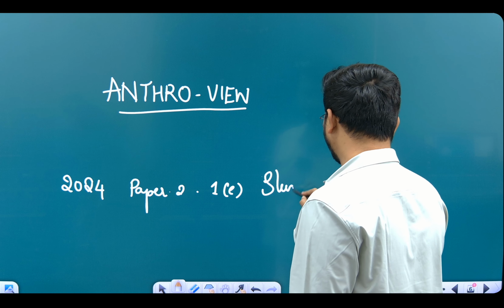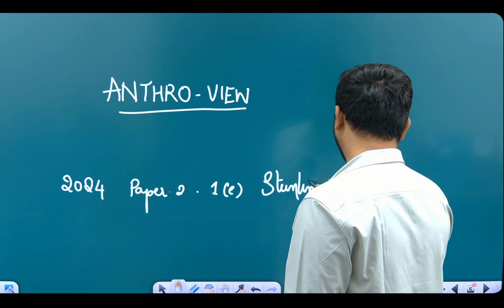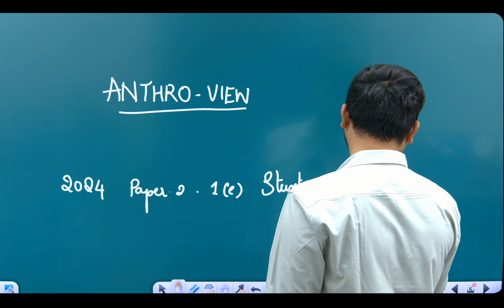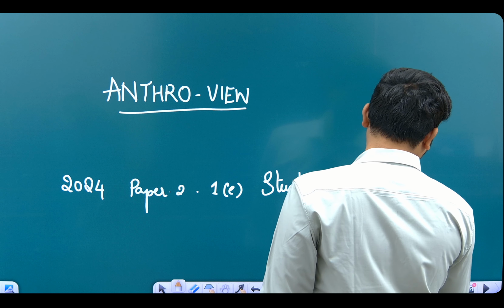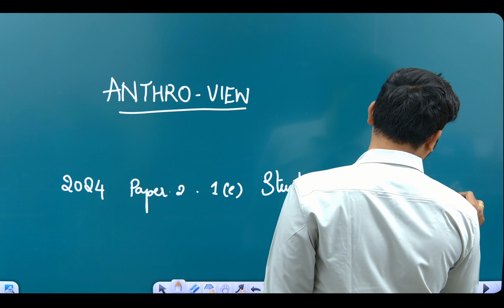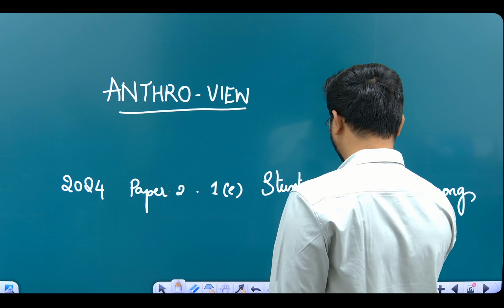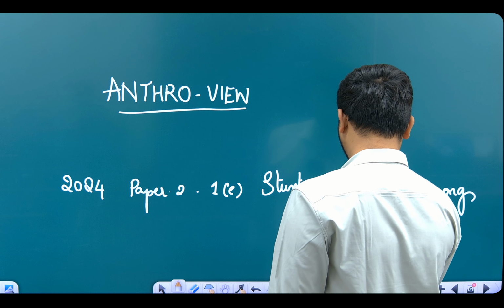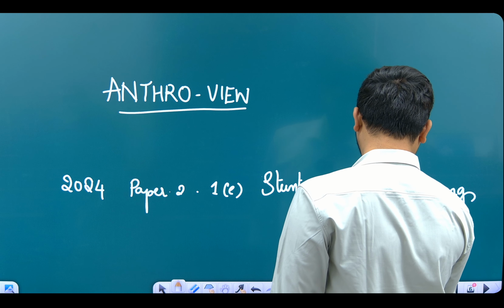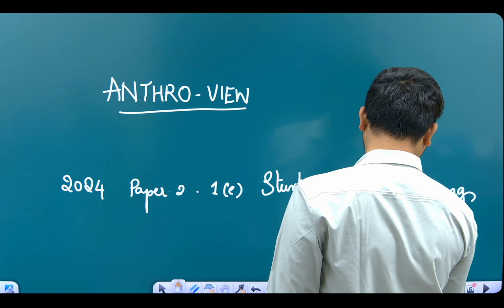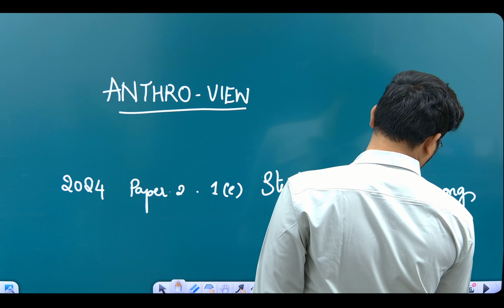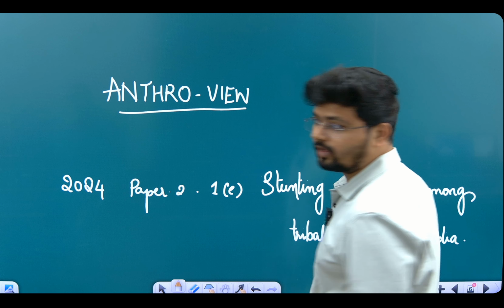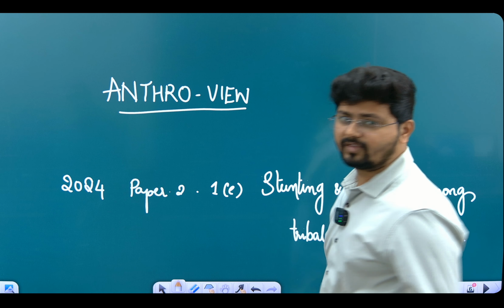So the question says stunting and wasting among tribal children of India. Okay, this is the question. How are you going to write an answer to this question?